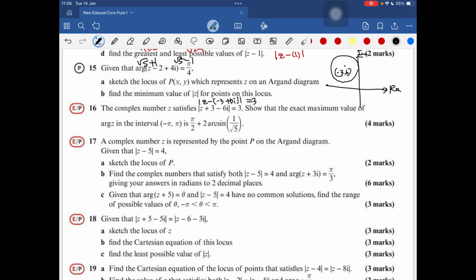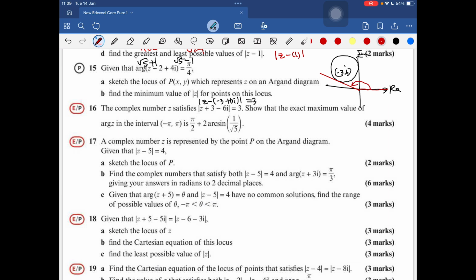The maximum value of argument z might be here, because argument is the angle quantity counterclockwise from the positive real axis. So this can be the maximum.